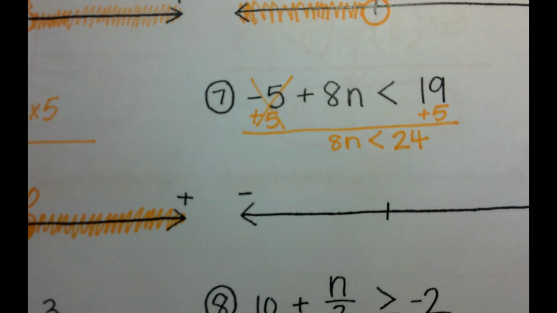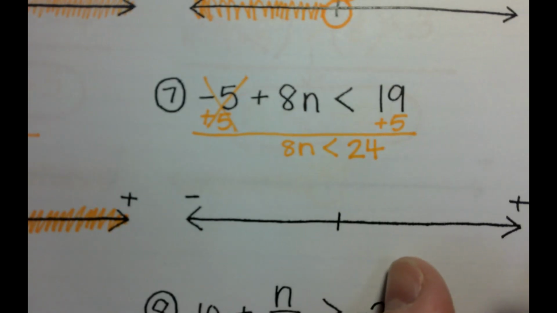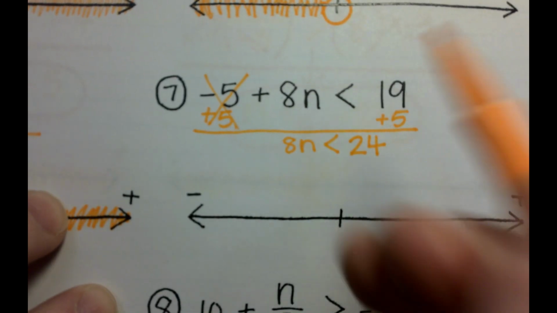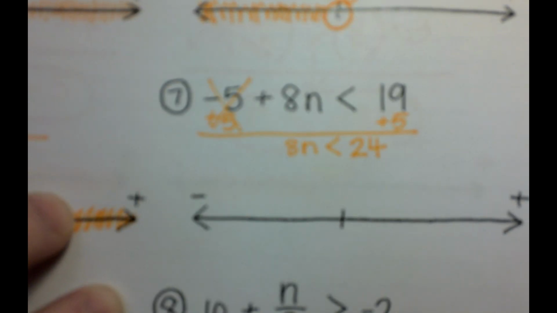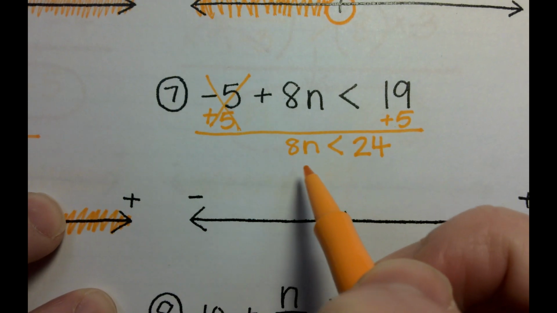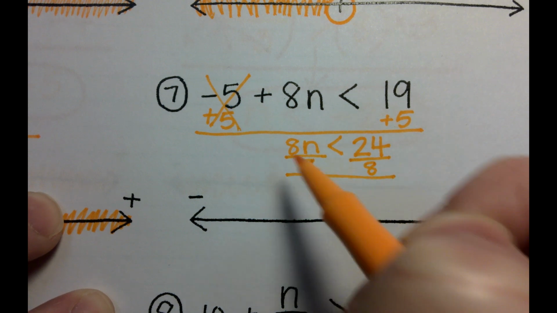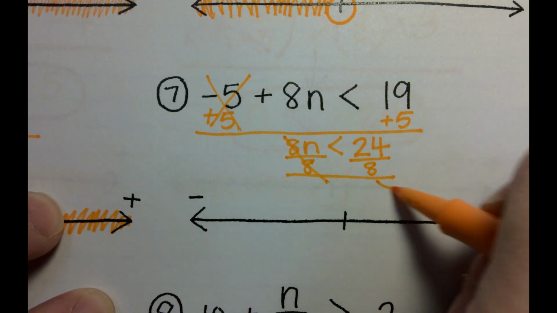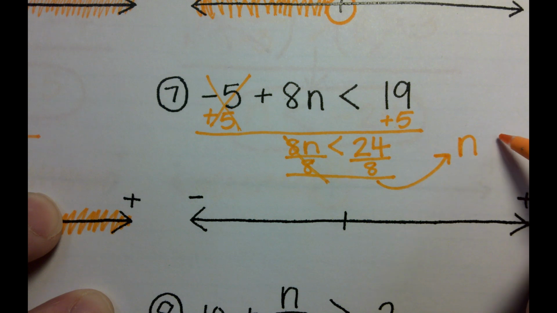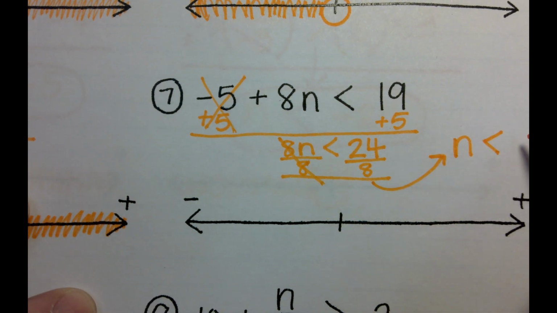And what do we do now? Divide by 8 on both sides. Good. Let's divide by 8 on both sides. The 8s cancel. I'd be left with n is less than 3.